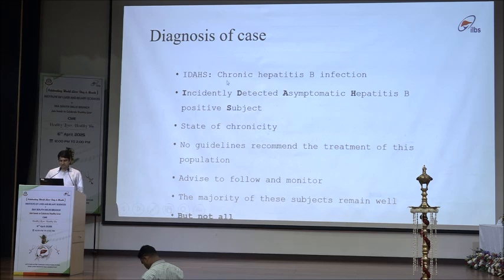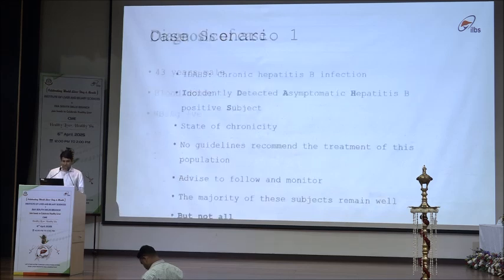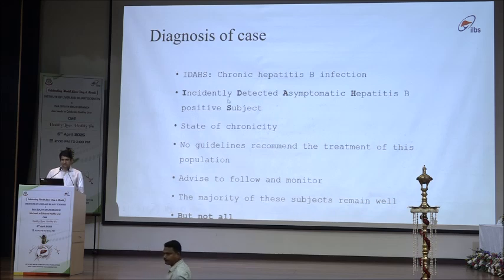Previously, such patients were defined as inactive carriers, but nowadays these patients are reclassified as incidentally detected asymptomatic hepatitis B virus positive subjects. This is a different entity as compared to inactive carrier, because many of these patients may have significant fibrosis, and there is also risk of occurrence of HCC and progression to cirrhosis.